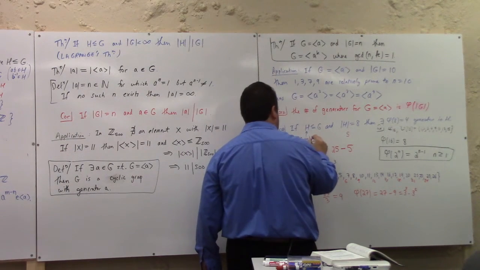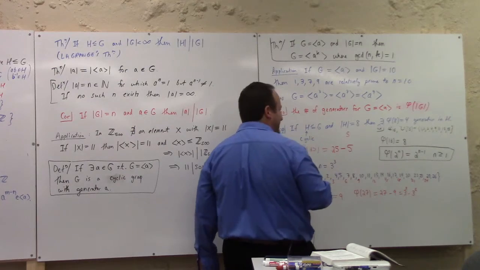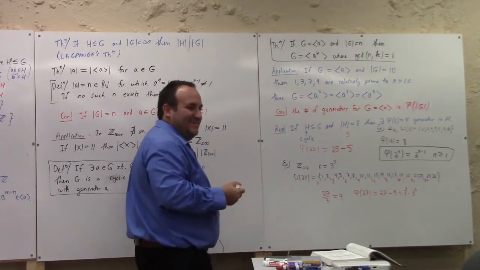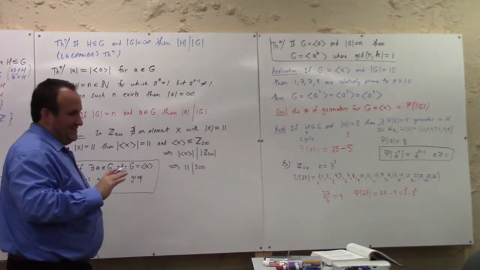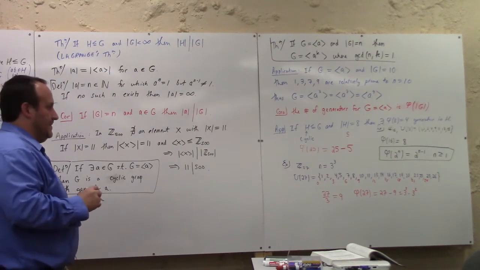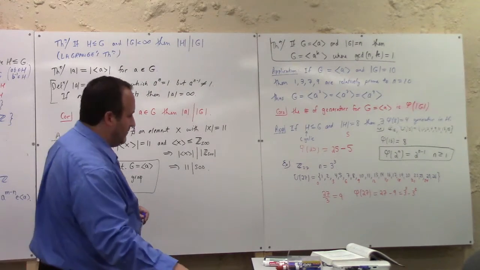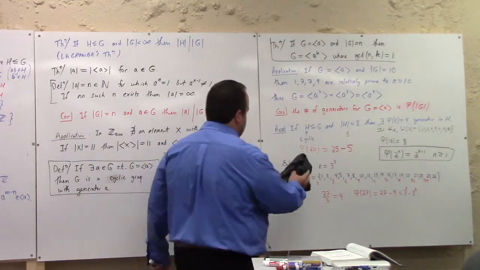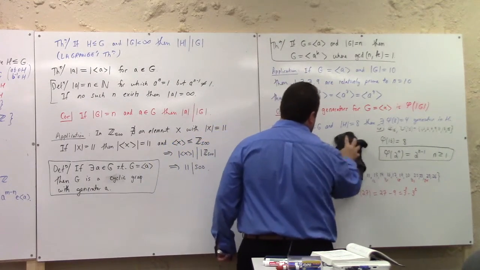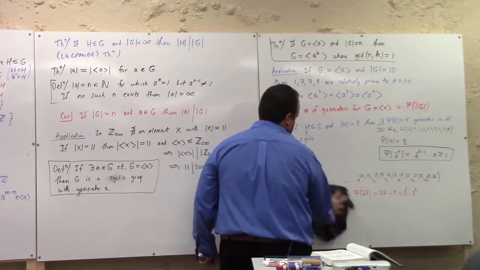If H is not cyclic, you can't generate it with one generator. Not every group is cyclic, all right? Certainly not.